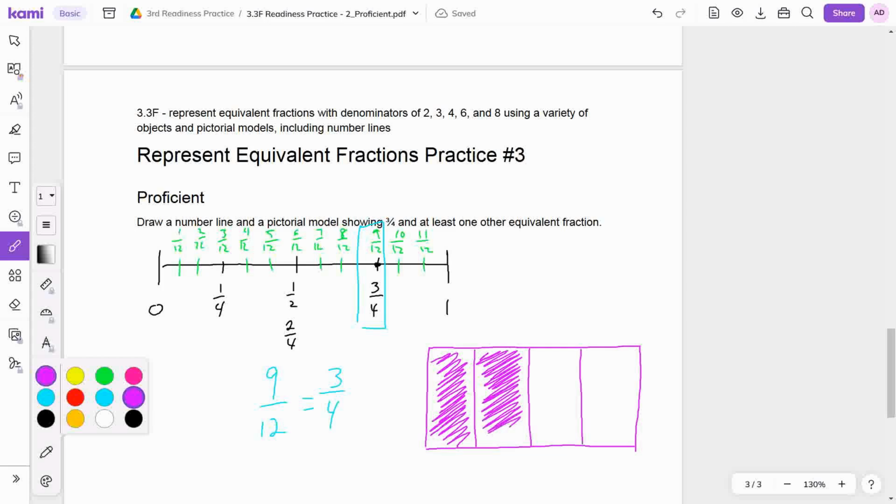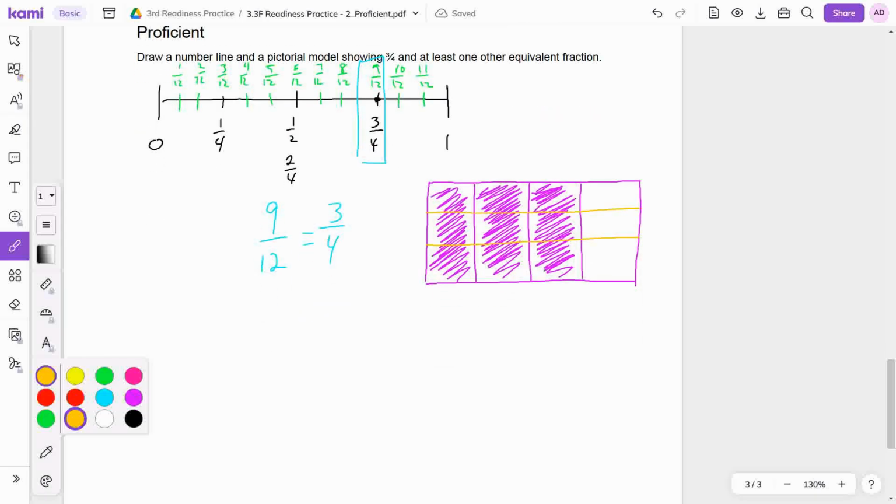This is 2 fourths. And this is 3 fourths. Now remember on my number line, what I did is I took each fourth and I cut into 3 equal parts. Well, that's what I'm going to do here. I'm going to draw a horizontal line there, draw a horizontal line there, and look what I've got. I've got 12 parts, 9 of them are shaded in. And so that is a model way to show the equivalent.